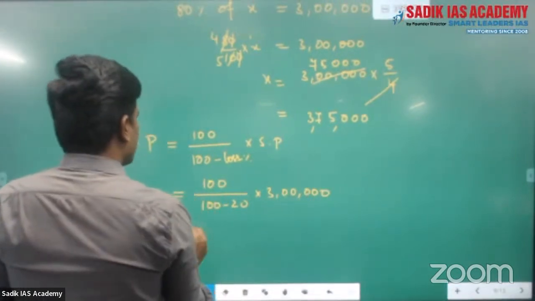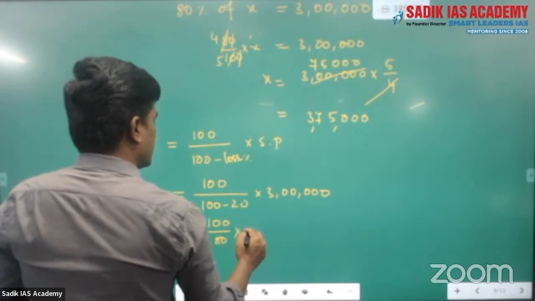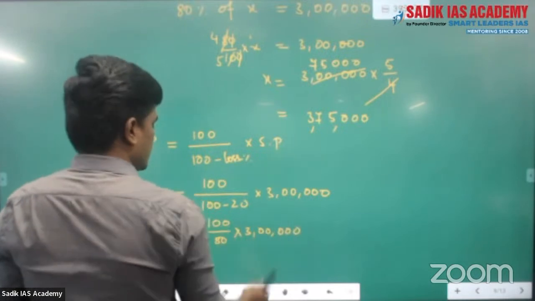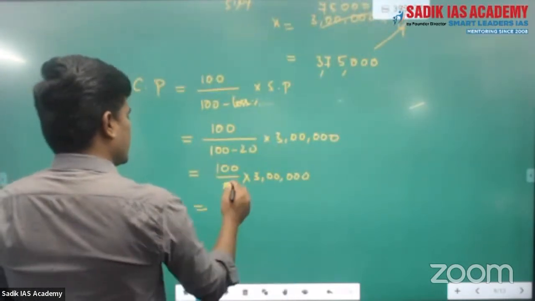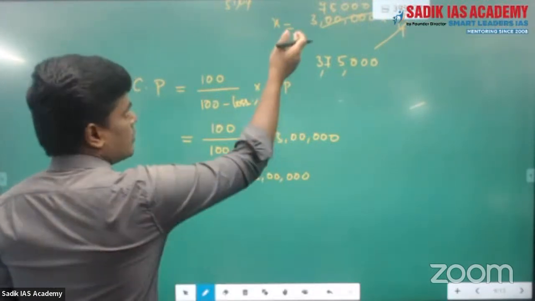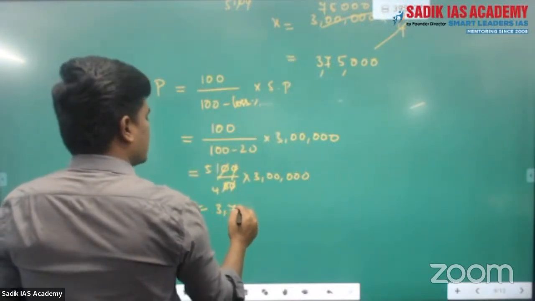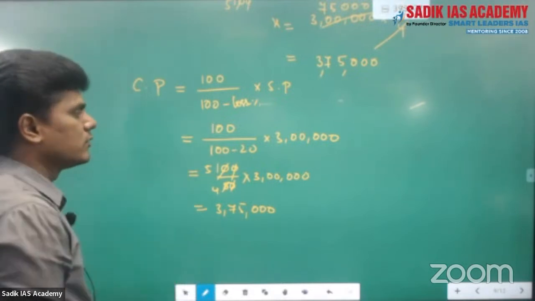If you simplify this, 100 by 80 into 3 lakh, you'll get the same answer, 3,75,000. This is 5 by 4, the same cancellation I did there. So it is 3,75,000.